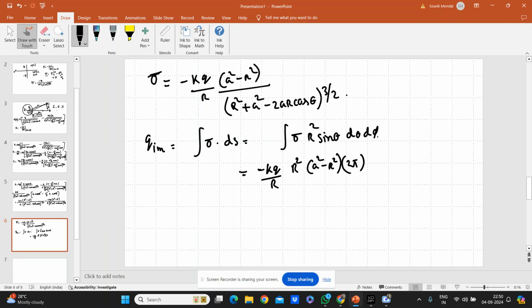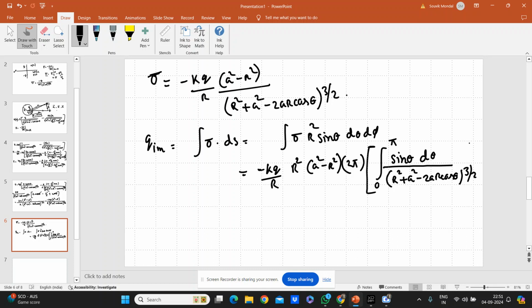I am taking the d phi integration and it will come as 2 pi, and you just have to do this integral of sine theta d theta divided by r square plus a square minus 2ar cos theta to the power 3 by 2, with theta's limit from 0 to pi.